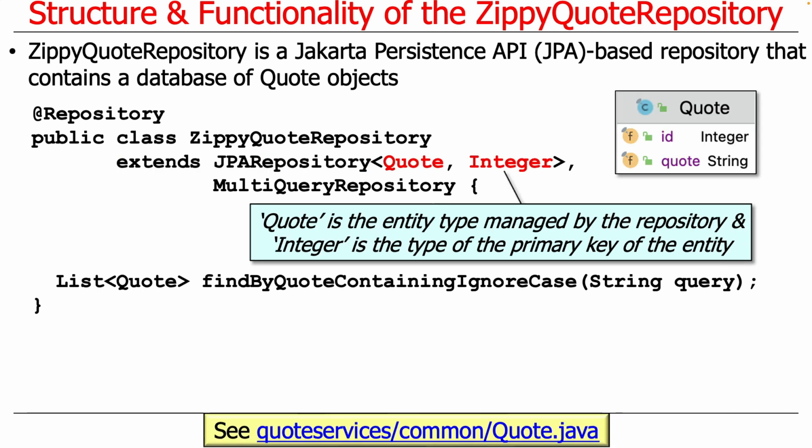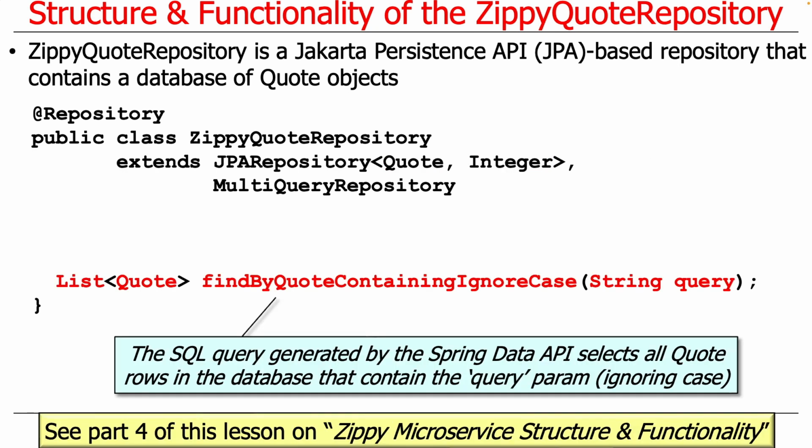And then we parameterize the JPA repository with the type of class that will be in the database, which is this quote class. And then we say that the integer is the primary key, and that's the ID field here. This is the method that we put together using Spring's Data API, which will select all the rows in the database that contain the query parameter in a way that's case insensitive.